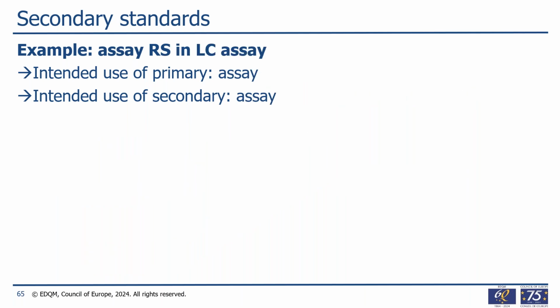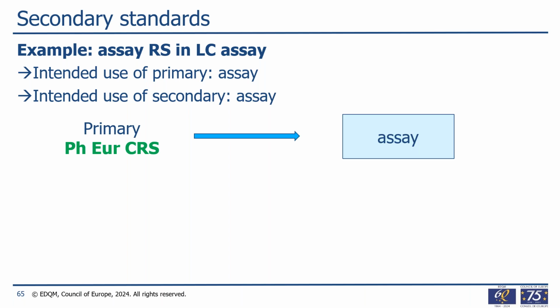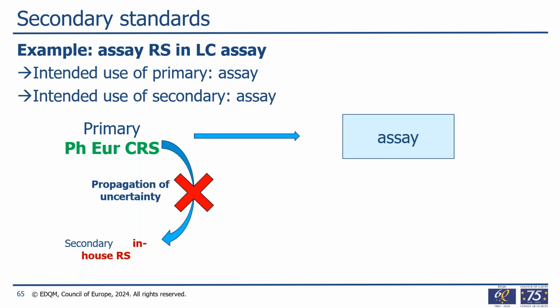This is very different for reference standards used for assay. So here the intended use of the primary is assay, and of course of the secondary it's probably assay as well. So the intended use is clear. And now the question is, can you establish a secondary in-house reference standard? And the answer is no, you can't, because you can't propagate the uncertainty.